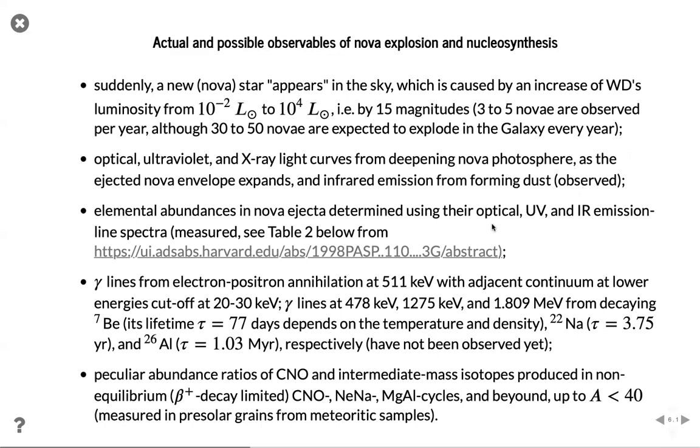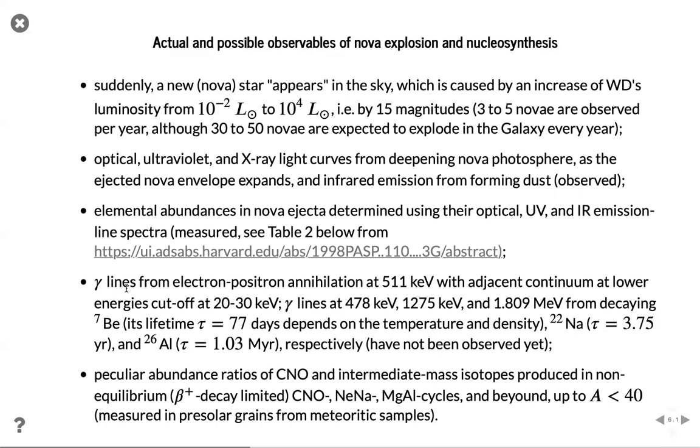This can be done using, again, nova optical, ultraviolet, and infrared emission line spectra. That was done, and this link gives a paper in table 2, of which you can find individual elemental abundances determined for a few elements, determined for different classical nova explosions. Okay.